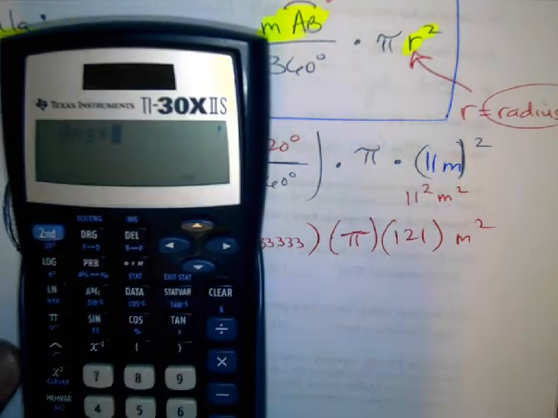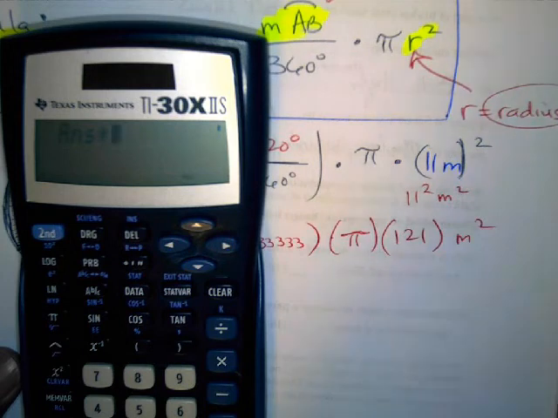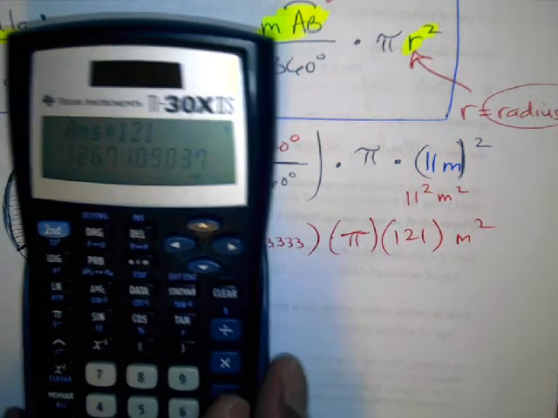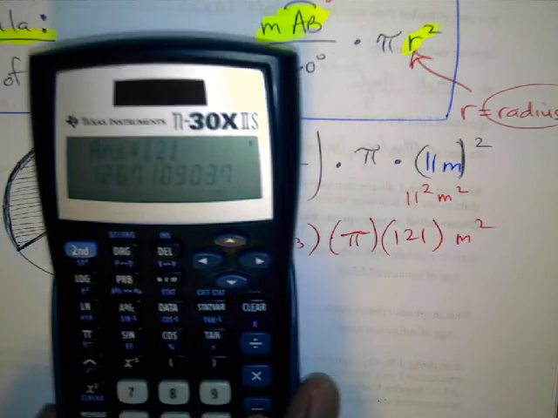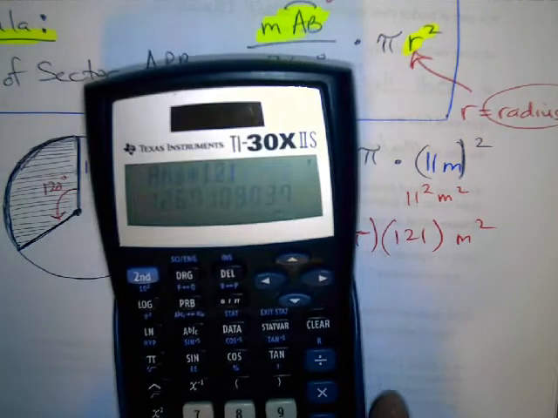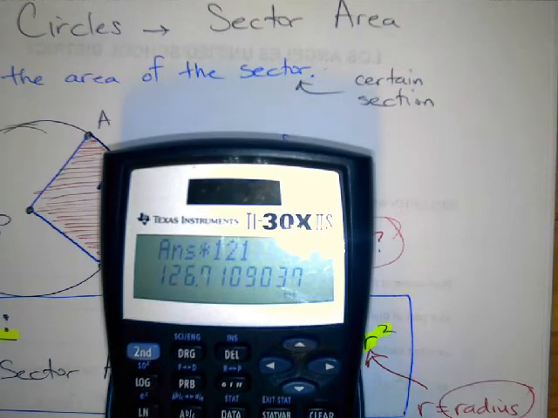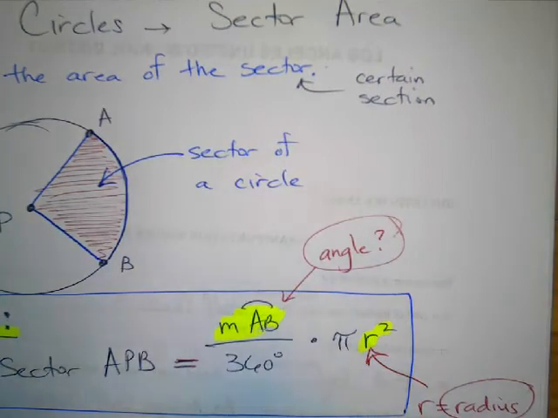So I'm going to keep this number here, the 0.333, multiply times pi, get the answer, and then multiply by what? 121. I'm going to get 126.71. Oh, wait, is that right? Yeah. 126.71.